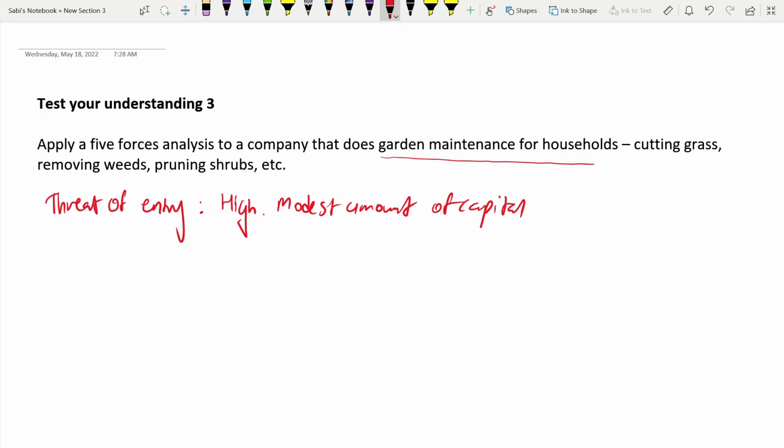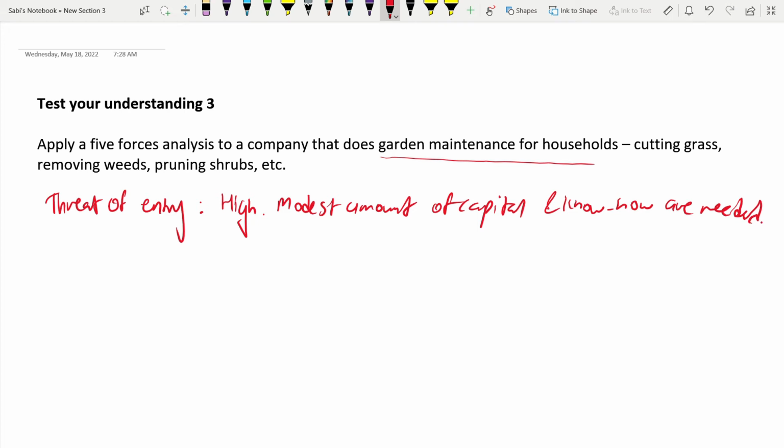As we have discussed before, if an industry needs know-how, there are techniques you need to know to enter that industry. That makes the threat of entry lower. Here, know-how is modest, so it is not difficult to enter this industry.